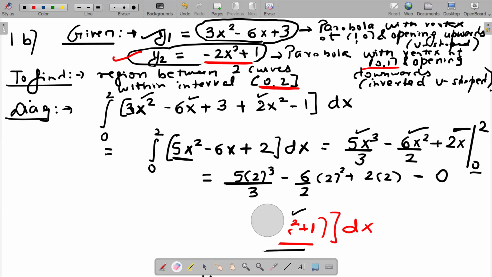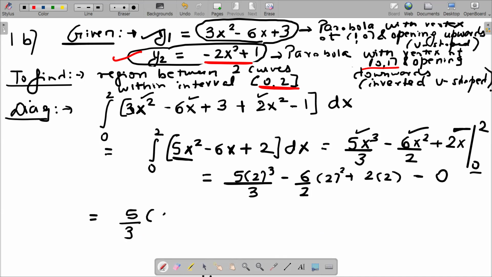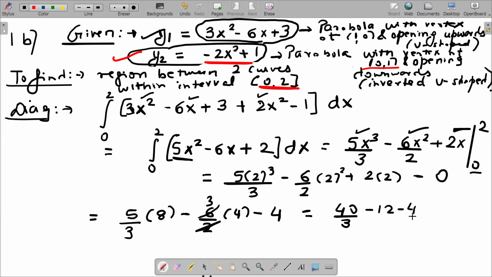So if I erase all this off, I get 5 by 3 times 2 cube is 8 minus 6 by 2 times 2 square is 4 minus 4. So 2 cancels with 6 making it 3. So I have 40 by 3 minus 12 minus 4, which is 40 by 3 minus 16.